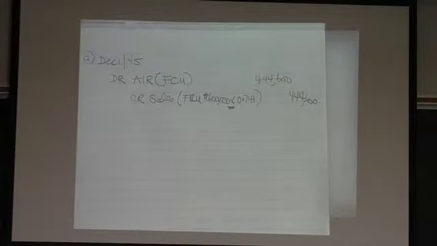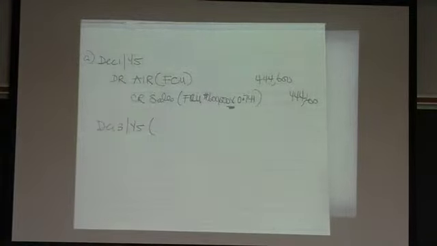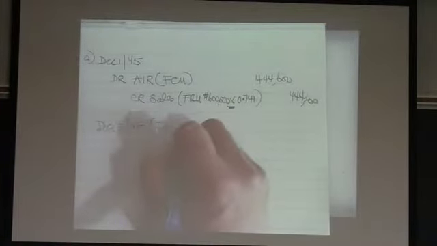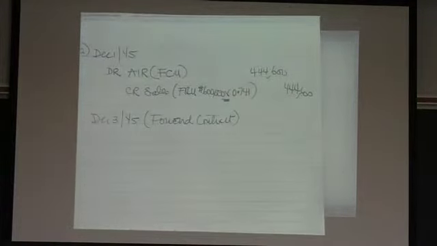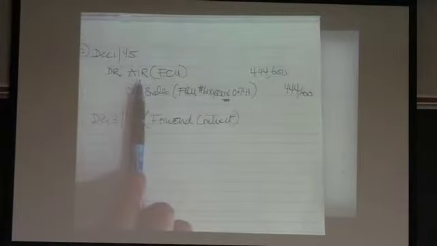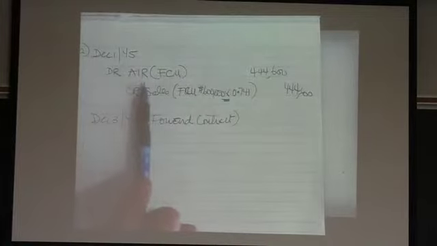Okay? Now, on December 3rd, year 5, the company executed a forward contract and so what happens is you can see that we're going to be getting 600,000 foreign currency unit.